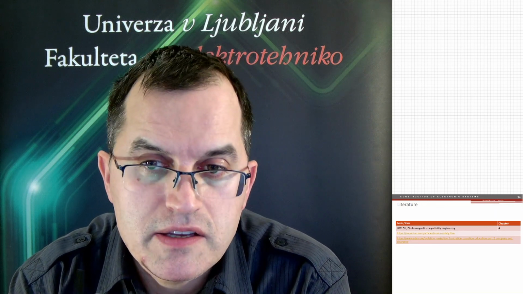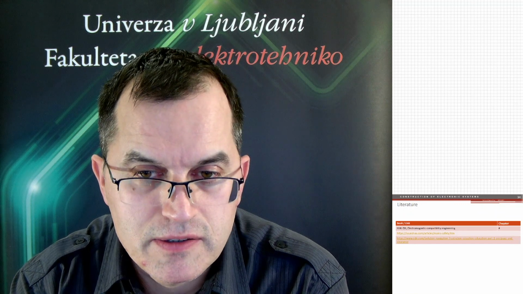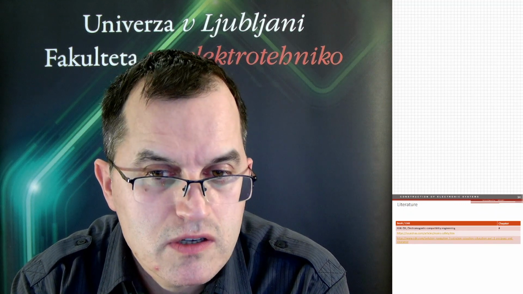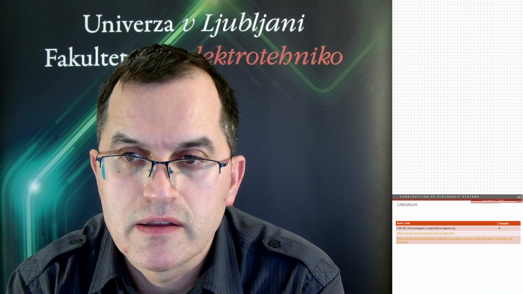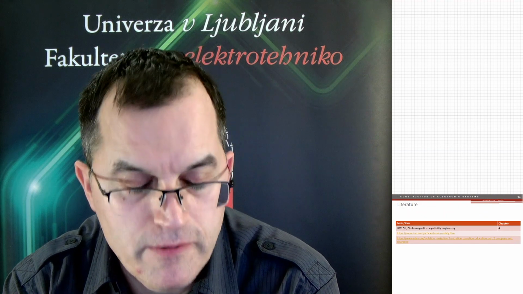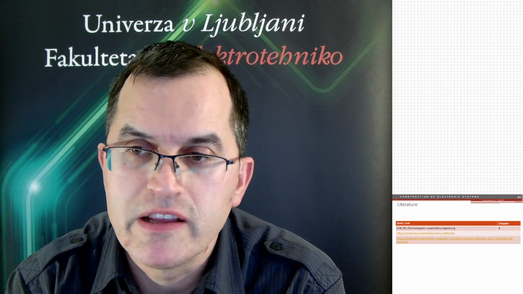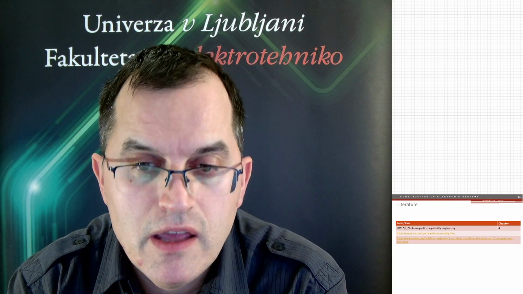And in that case, you have to set the correct overvoltage category. You have to look for the pollution degree, and then you have to find in standards the required clearance and creepage distances, and then you have to apply them correctly in your design.